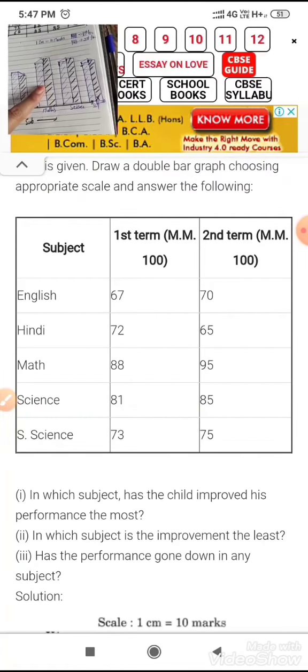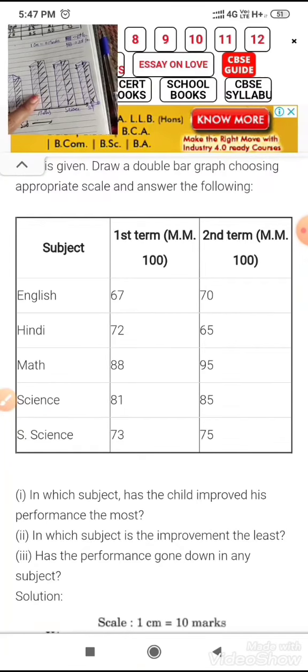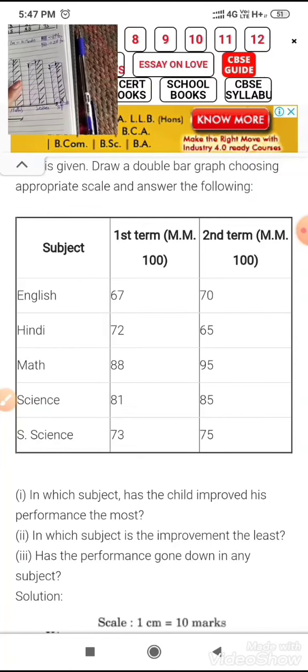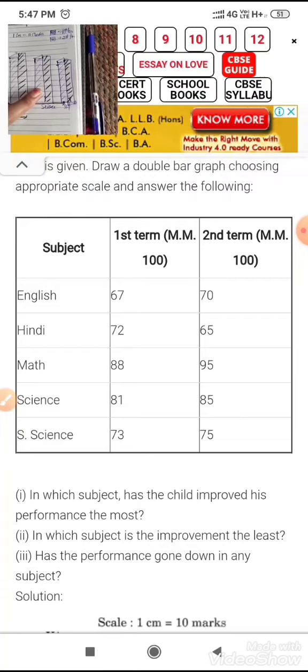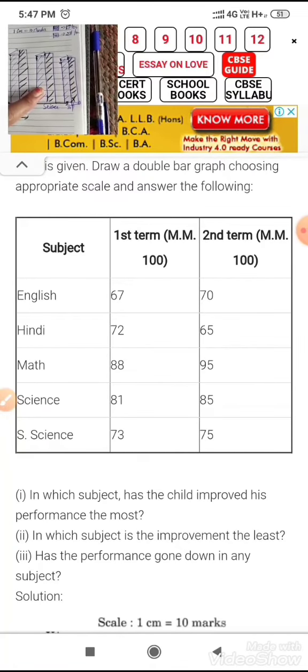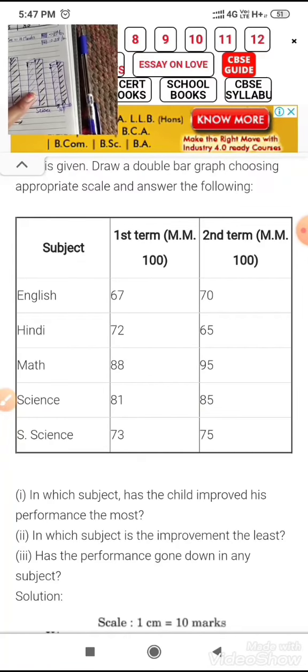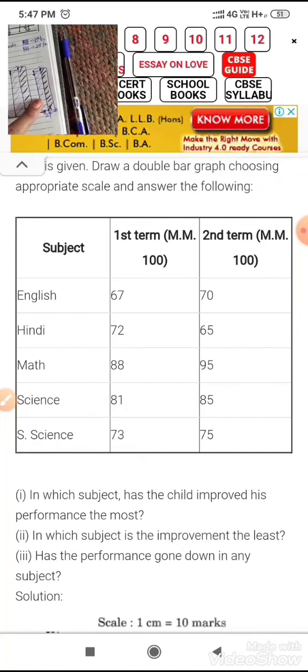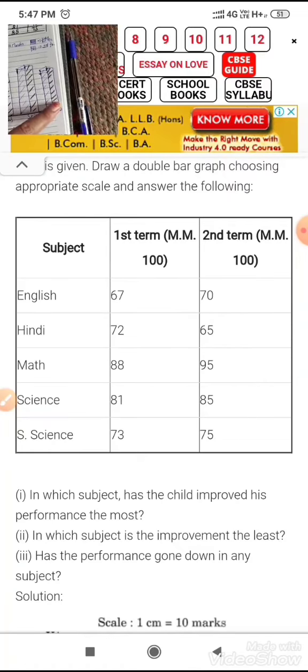Similarly, in mathematics, the student obtained 88 marks in first term and 95 marks in second term, so first we draw a bar up to 88 and then up to 95. In science, the student obtained 81 marks in first term and 85 marks in second term. Similarly, in SST, the student obtained 73 marks in first term and 75 marks in second term.